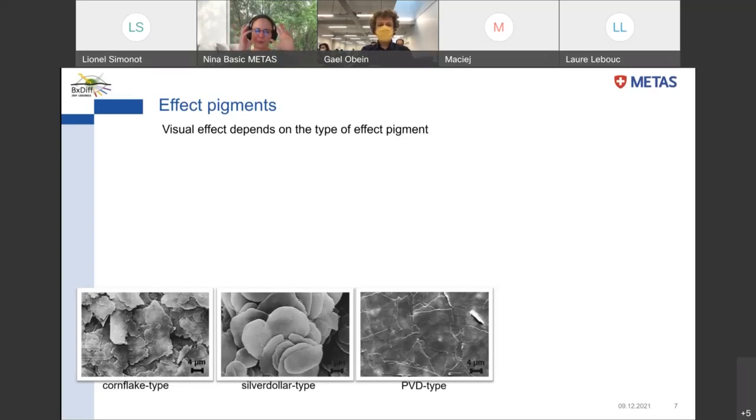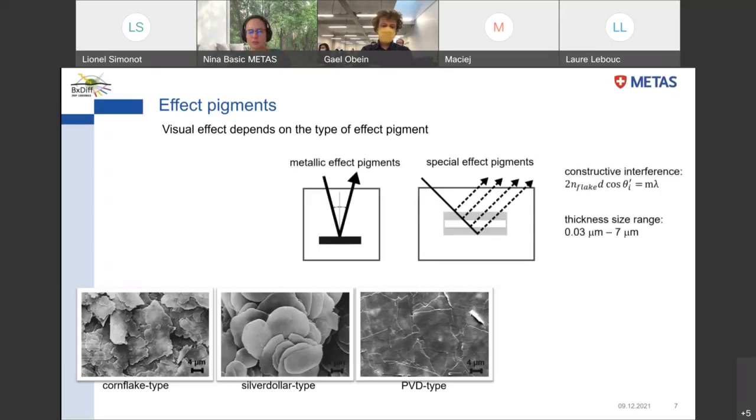Okay, so this is one type of pigment. So one classification of pigments, and the other classification of pigments is actually from what material the pigments are made from. So we can have this metallic pigment where the light just hits the pigment and it just specularly reflects, nothing special about that.